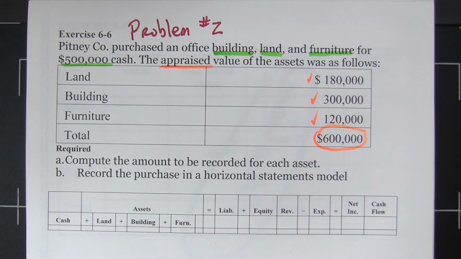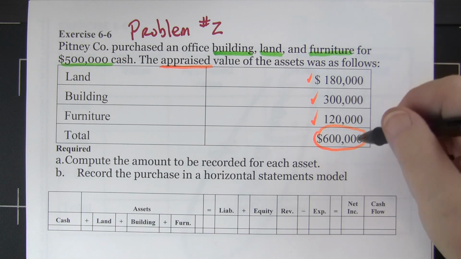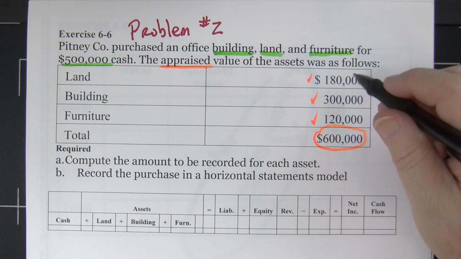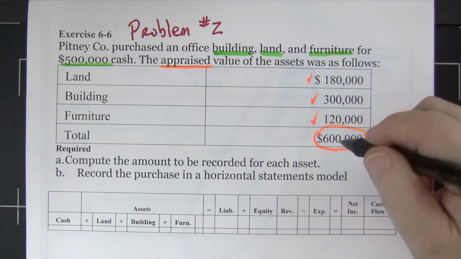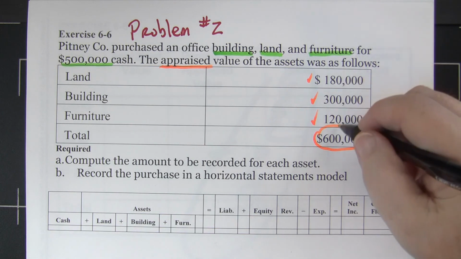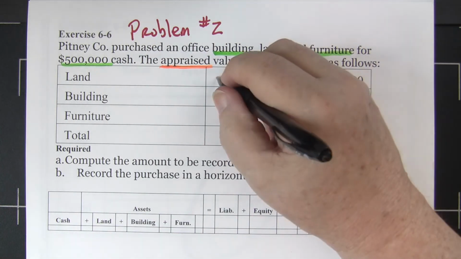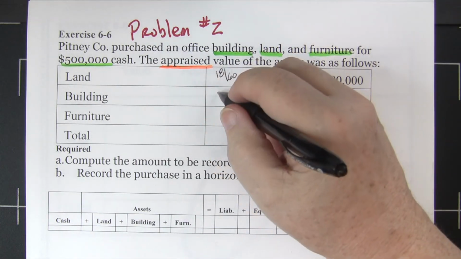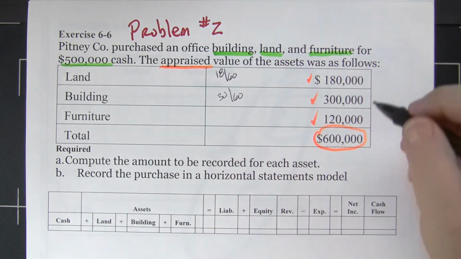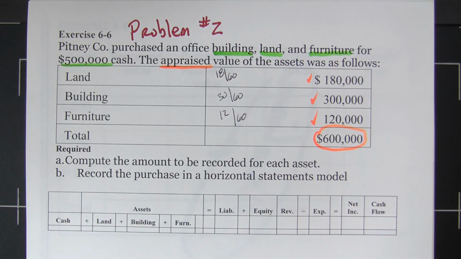So what we have to do is take the appraised value and divide it by the total appraised value. For the sake of simplicity, I'm going to kill off all these zeros at the end. So instead of 180,000 over 600,000, I'm going to make it 18 over 60, 30 over 60, and 12 over 60.